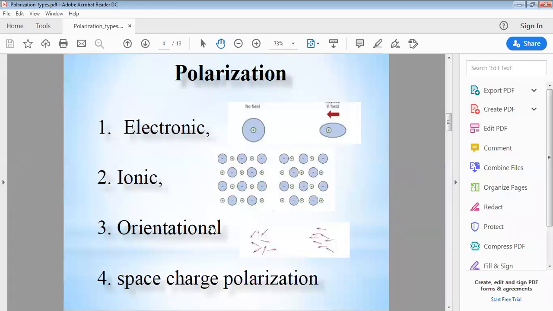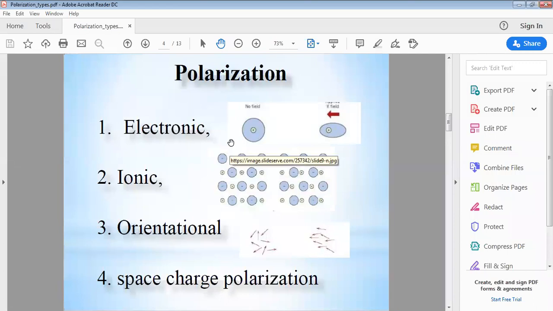In orientation polarization, the whole molecule will orient. We have studied organic molecules. The whole molecules will orient. In orientation polarization, you will have both electronic polarization and ionic polarization if it is an ionic molecule.